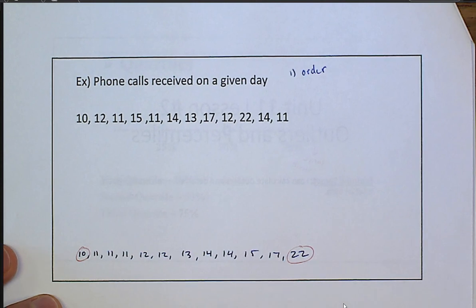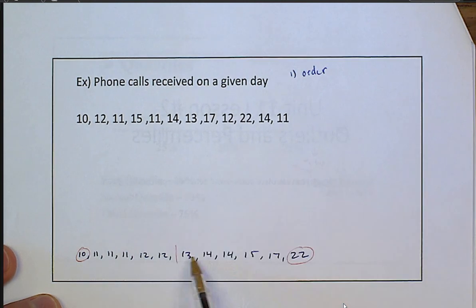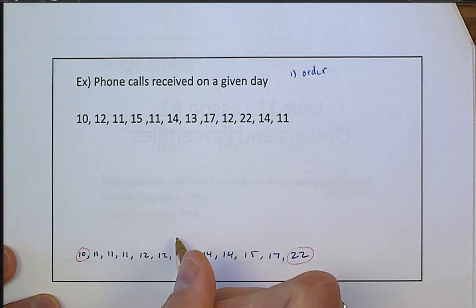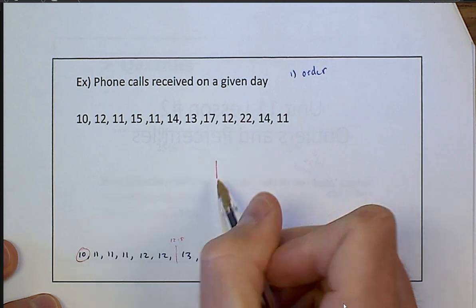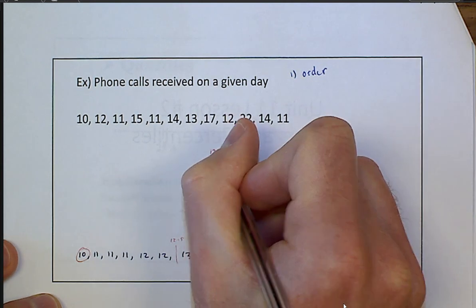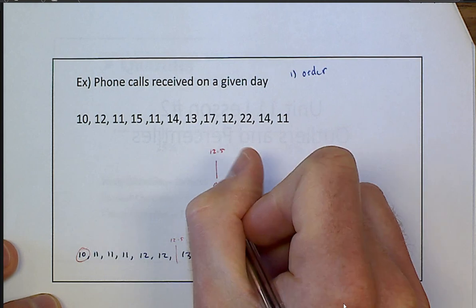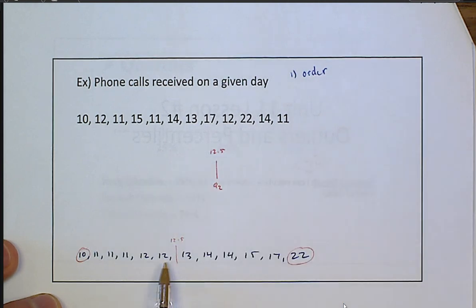So we've got 12 numbers, so basically six and six. So really I have 12.5 here. If I was making a box and whisker plot, I'd have 12.5 for my median. That would be my Q2. And then we want to find quartile 1 and quartile 3.